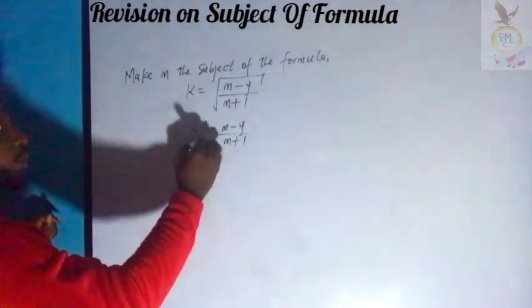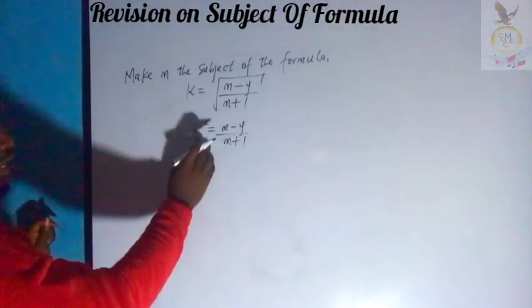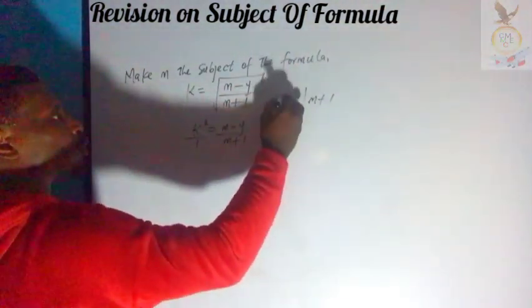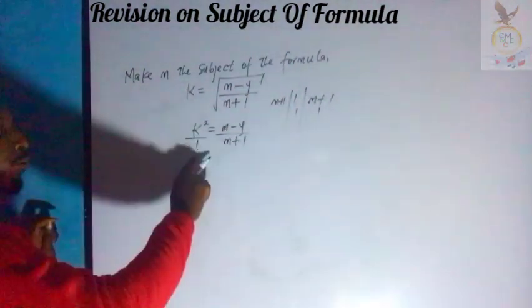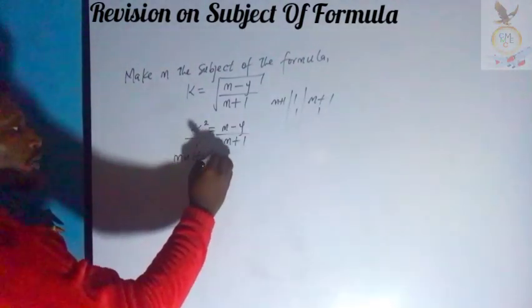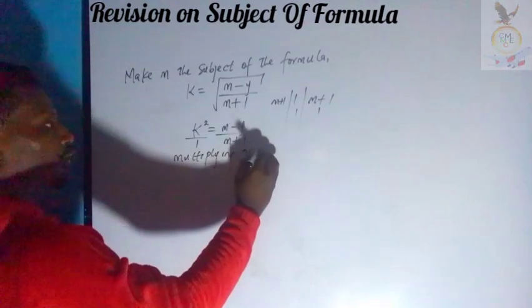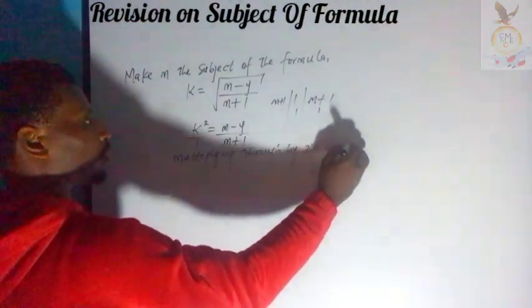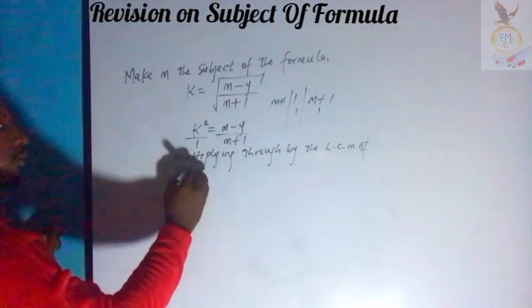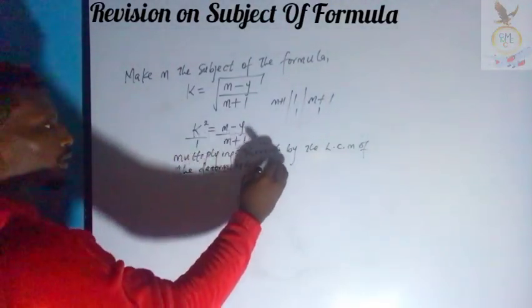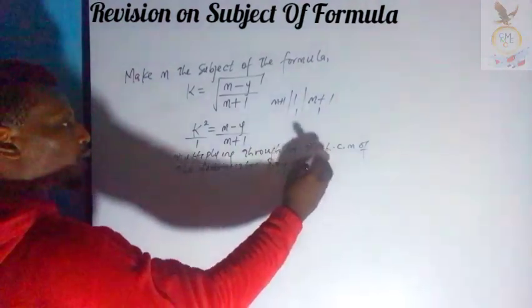So I have to give over 1. The LCM of 1 and m plus 1 is m plus 1. So multiplying through by the LCM of the denominator, that is m plus 1.